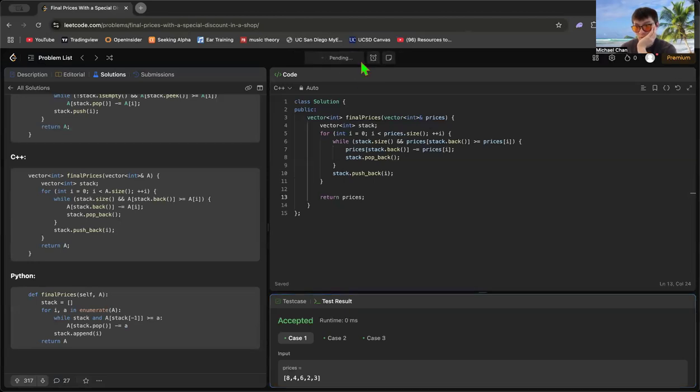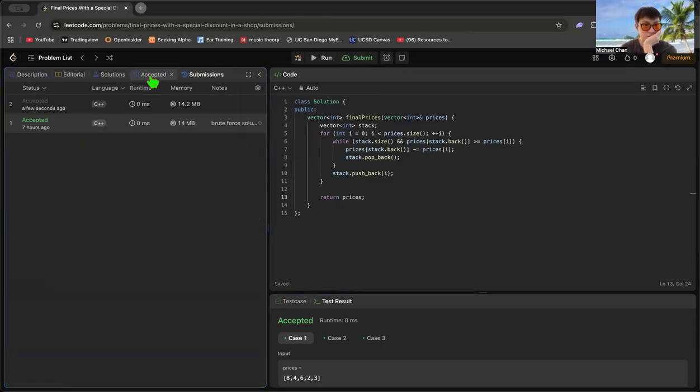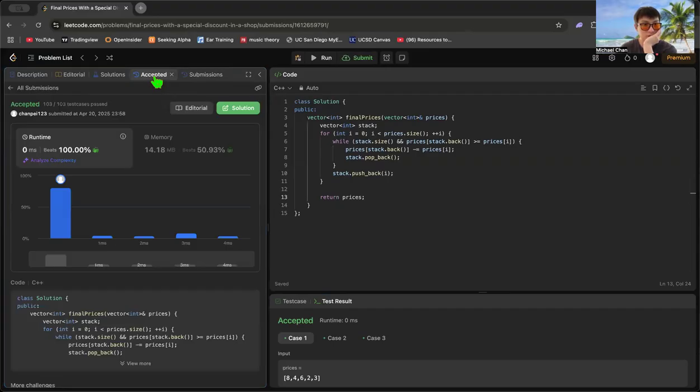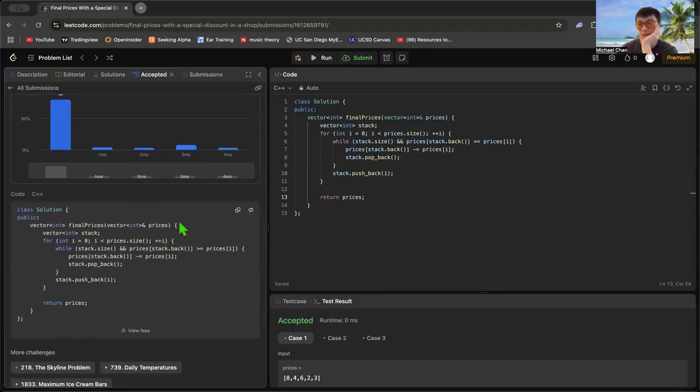Okay, it does work. A much better solution. Oh, not even that bad. It's not even that good, actually. But let's try and understand it, right?